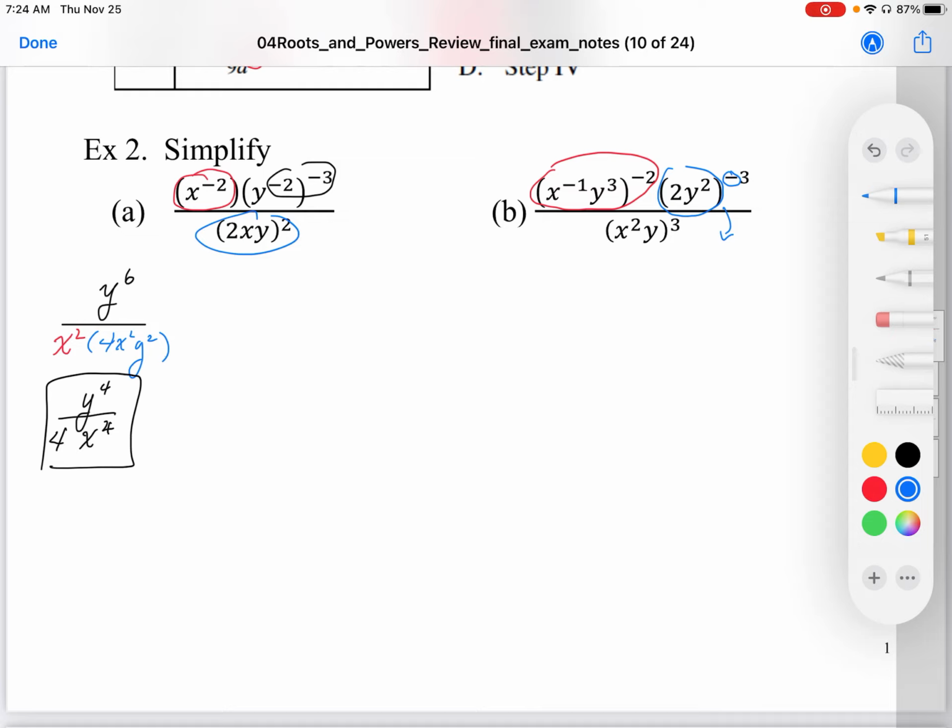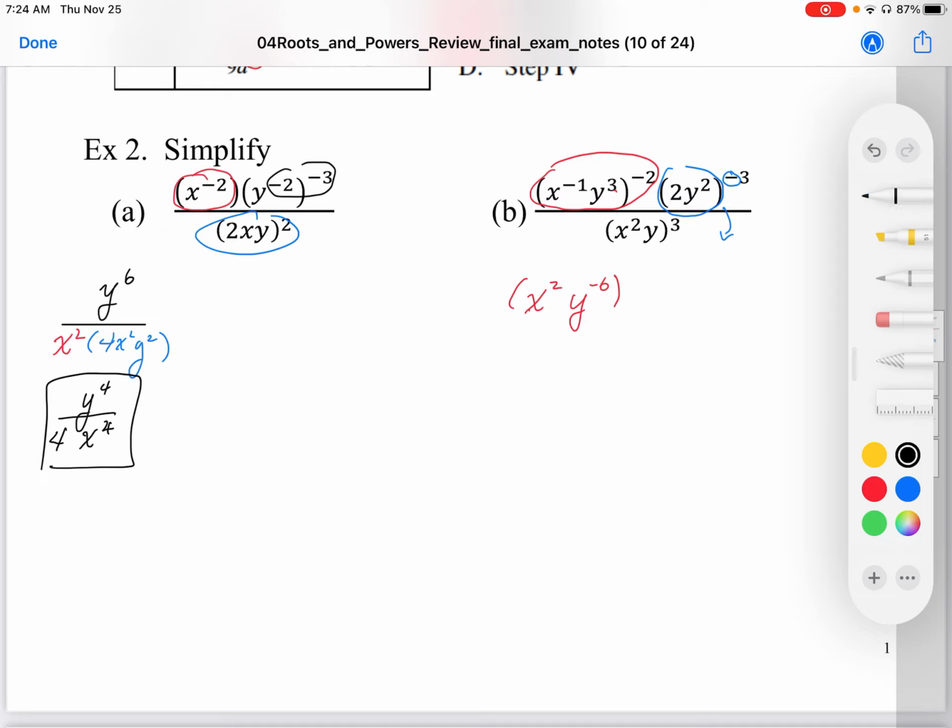Now, there are many ways we can do this, but that's how I'm going to approach it. So the first thing I'm going to do is apply that power into the brackets. So I end up with divide, divide, which is multiply in the numerator. This becomes negative 6 because we have power 3, power negative 2. We're going to combine that to power negative 6.